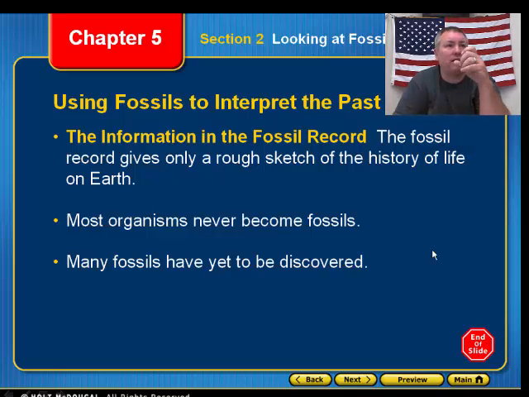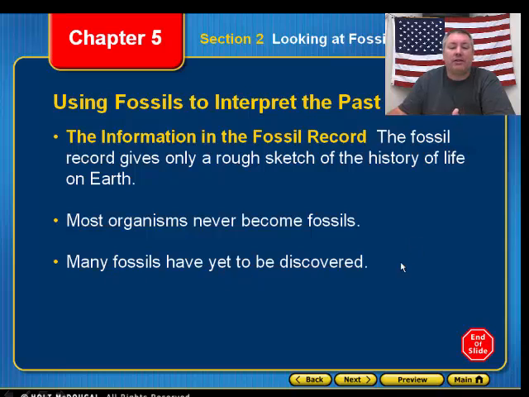Those organisms that did not have hard body parts, guess what? Typically, we don't find those in the fossil record simply because they don't make good fossils. Because as the sediment goes on top of them, guess what? It starts decaying, and as it decays, it's gone before it is able to be turned into a fossil. So that is one reason.